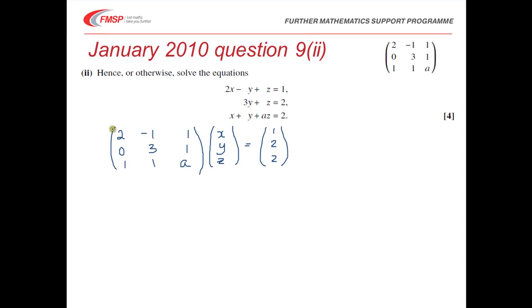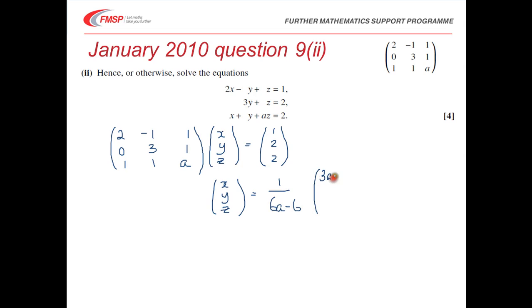And of course when we multiply this matrix A by its inverse, we get the identity. So we can say that x, y, z is equal to, now the inverse was 1 over 6a minus 6, lots of, and it was quite complicated.